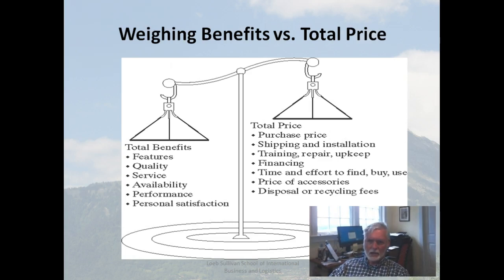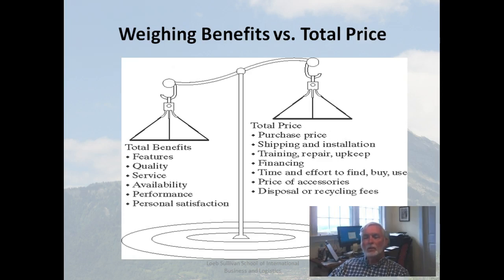Do I have to finance it, and is financing attractive and available? What about the time and effort that it takes me to find, buy, and use the particular product? If it's difficult to get to, difficult to research, difficult to find, that's a cost, part of the price. Accessories, and then finally, what most consumers don't think about, the disposal or recycling fees for goods that have a life that's going to expire. What do I do with it when the life is over?